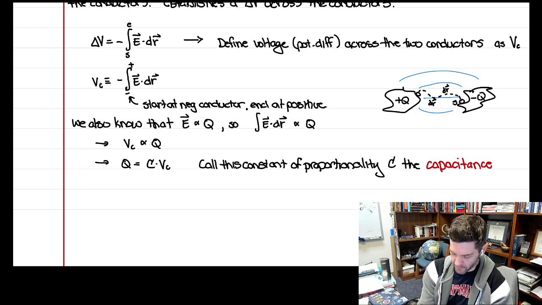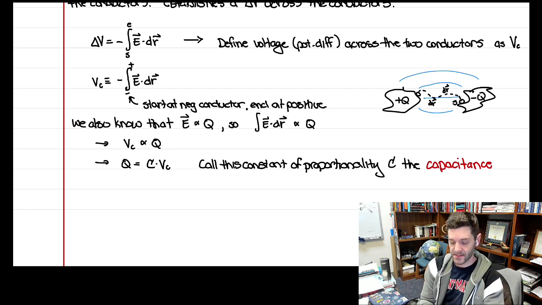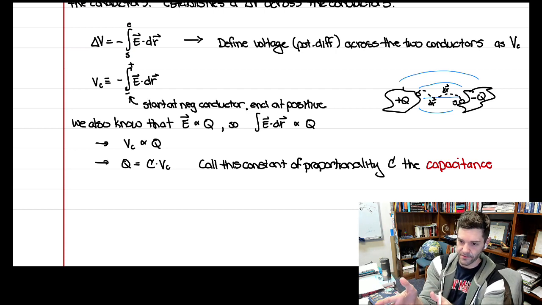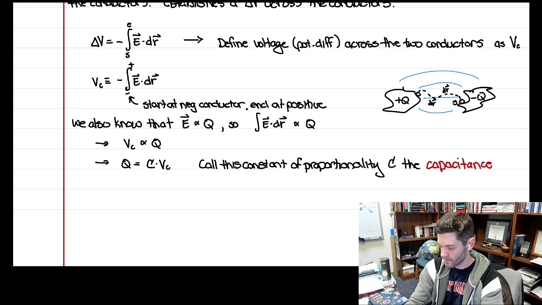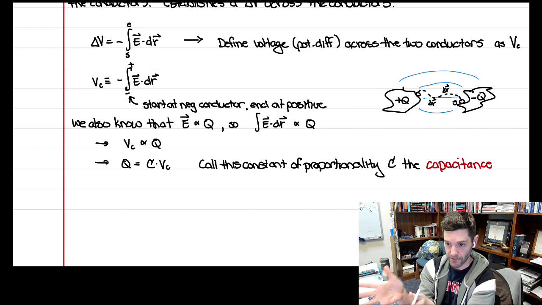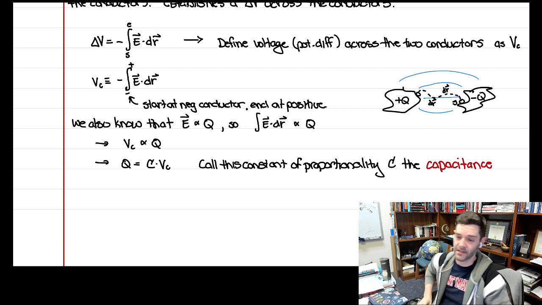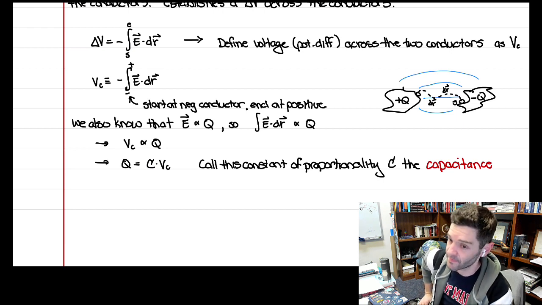Again, it is a proportionality constant that connects the delta V you've created, or what we're calling V sub C, with how much charge was moved between the two conductors that make up this thing called the capacitor.